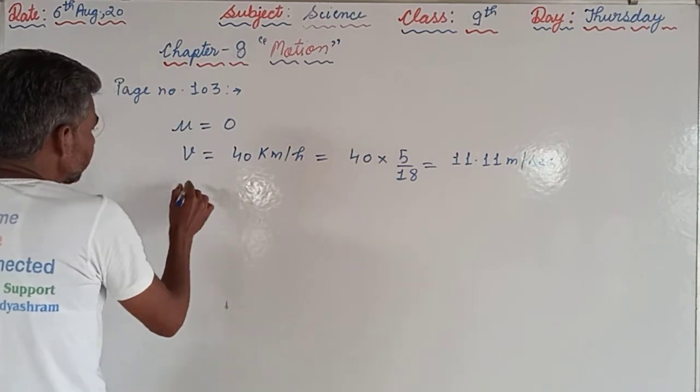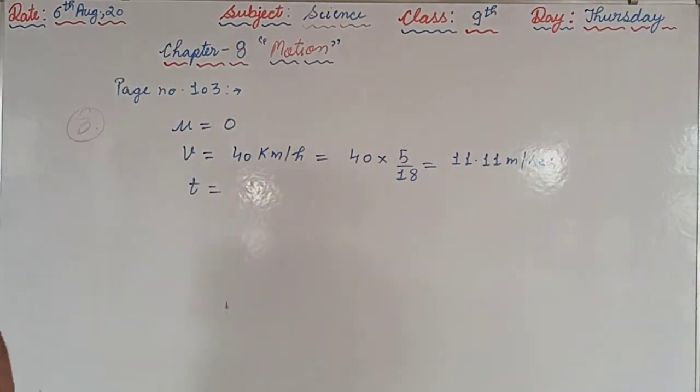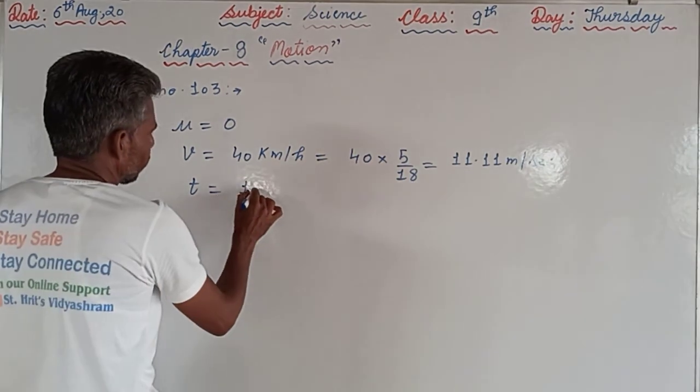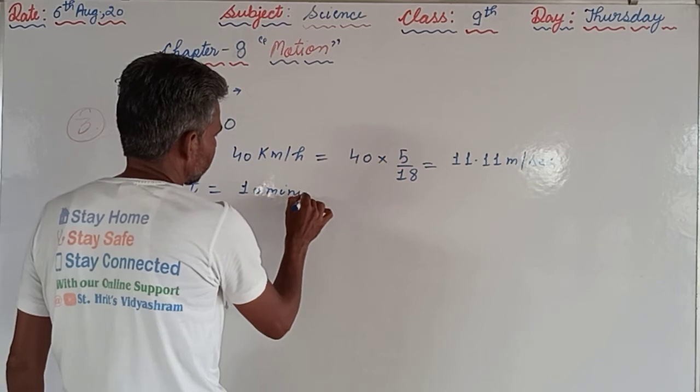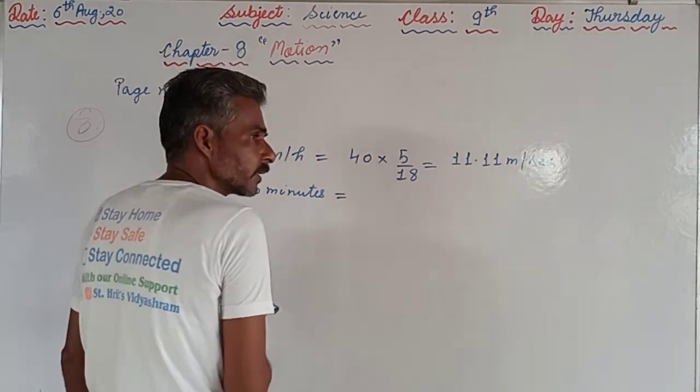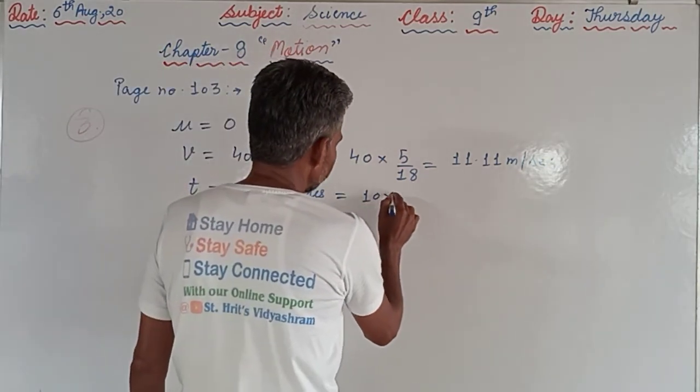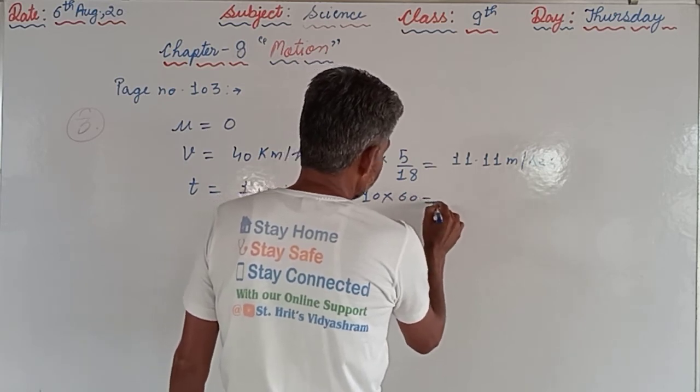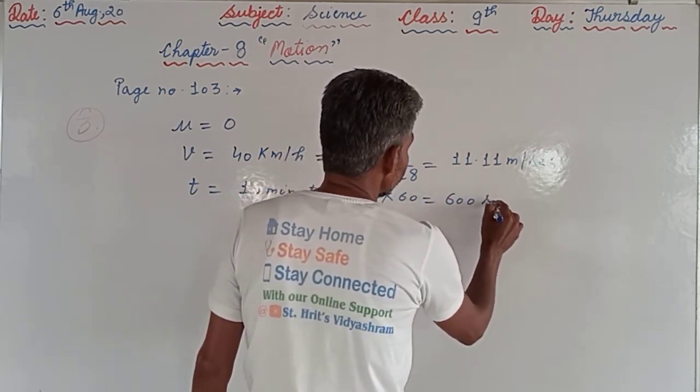The time taken for attaining that velocity is 10 minutes. So these minutes we are supposed to convert into seconds. For that we multiply by 60. So this becomes 600 seconds.